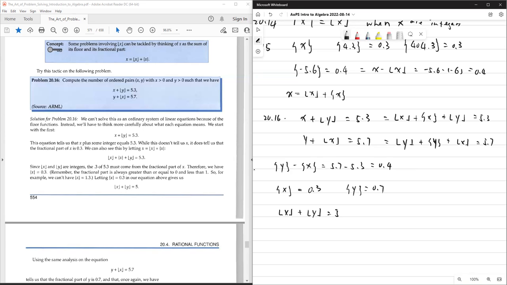So this is what we know. This does not give us a single point solution.